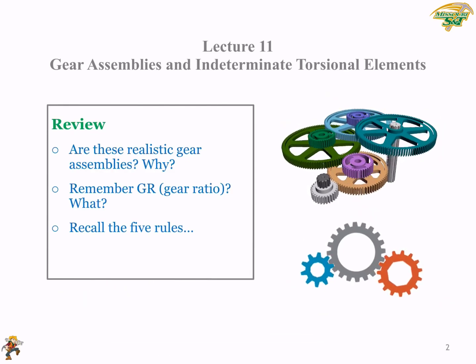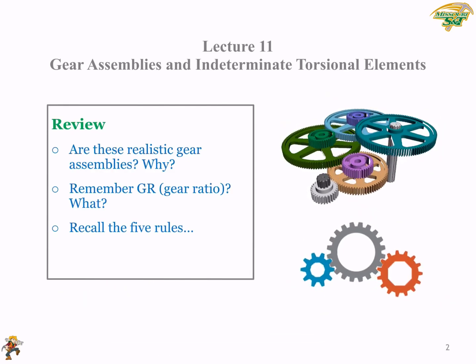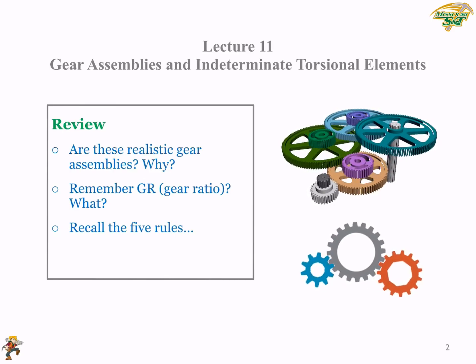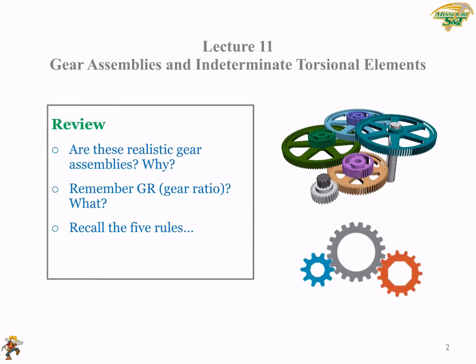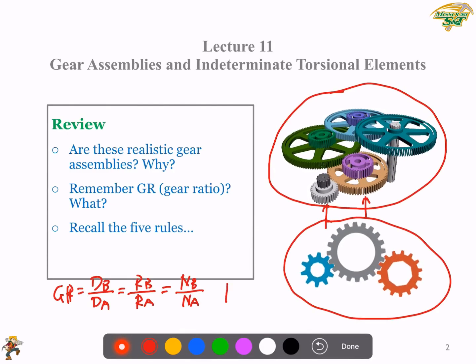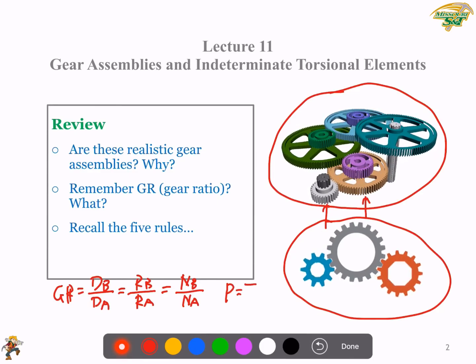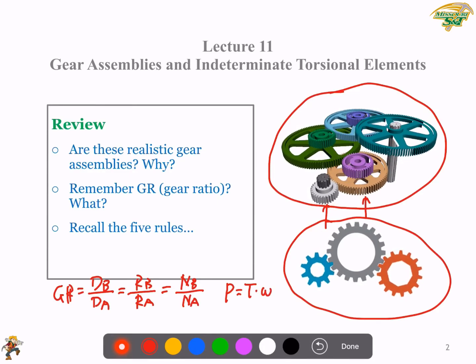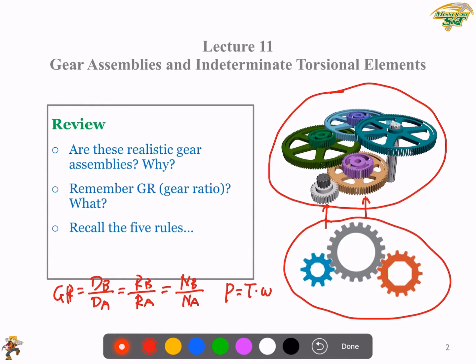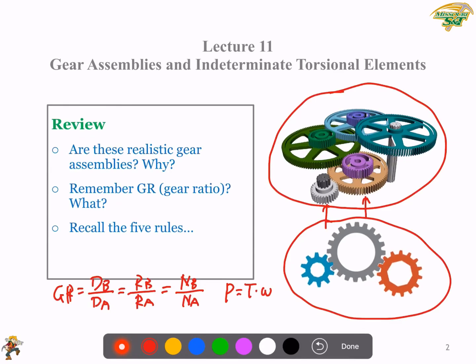And then please recall, we have 5 rules. For those 5 rules, the first one describes the overall power. We define power as torque times angular velocity. Rule number 1 says the power always stays constant in this gear system.